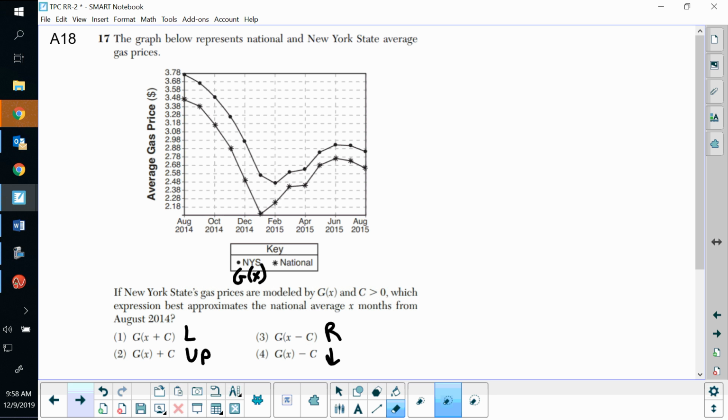It's not going to match up perfectly, but we just want to know roughly what shift took place. The best one that you could do to match up the graphs would be to shift the New York State one, the dots, downward. So choice 4 would be the best one there.